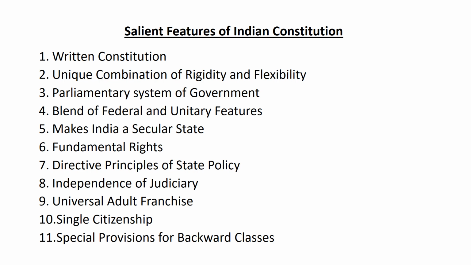During an emergency, the central government becomes all powerful and the states go under the total control of the center. This transformation of the political system from federal during normal times to unitary during an emergency is a unique feature of the Indian Constitution. Let's discuss another point, that is the three-tier system or three-tier government.